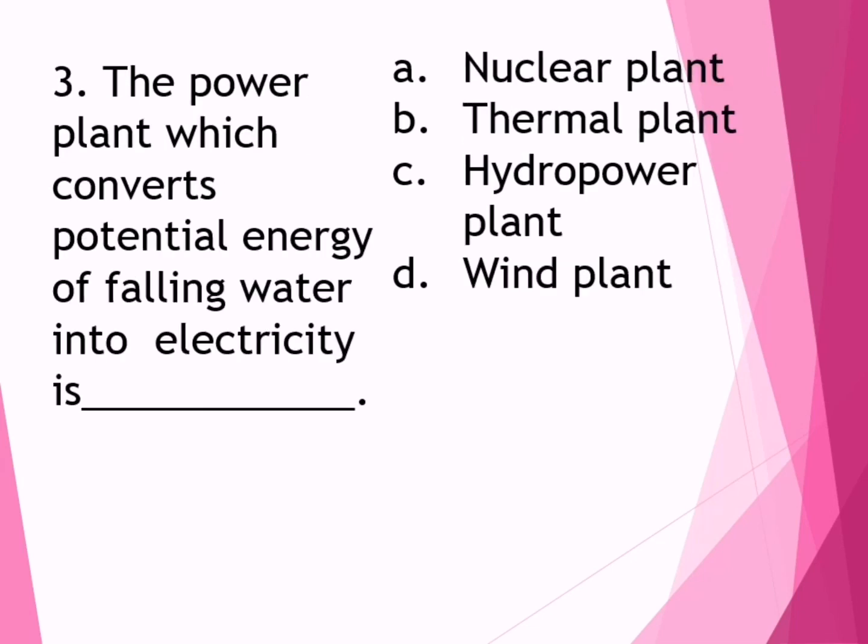Question number 3. The power plant which converts potential energy of falling water into electricity is blank. A. Nuclear plant. B. Thermal plant. C. Hydropower plant. And D. Wind plant.